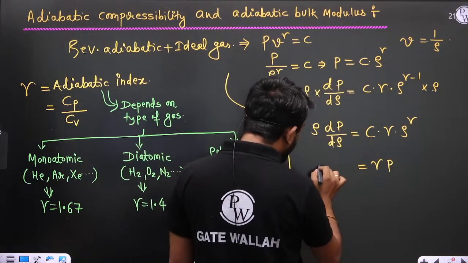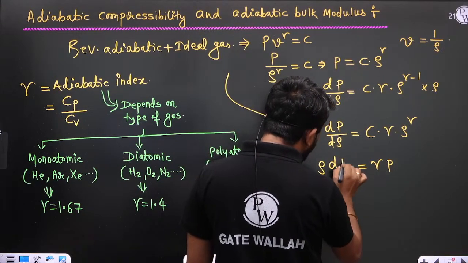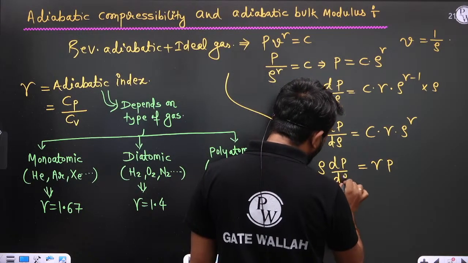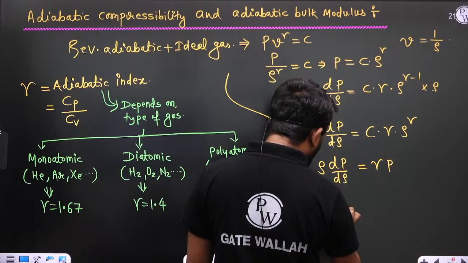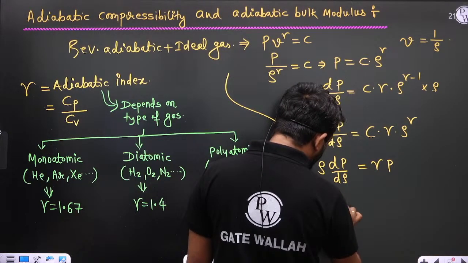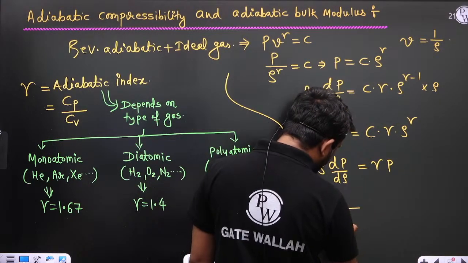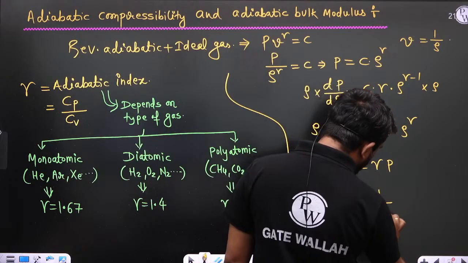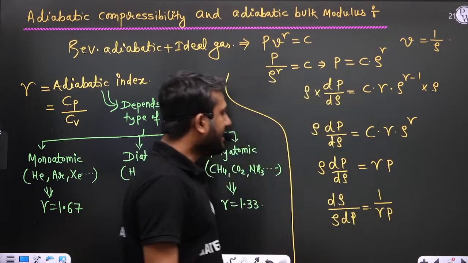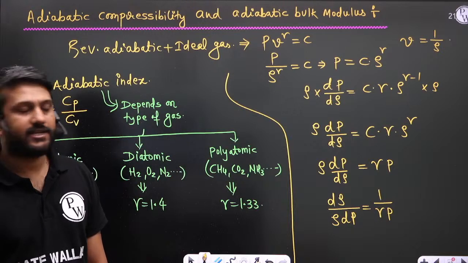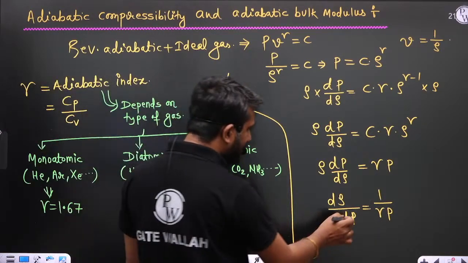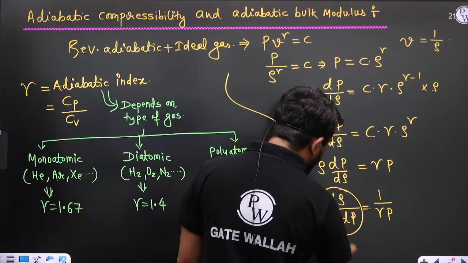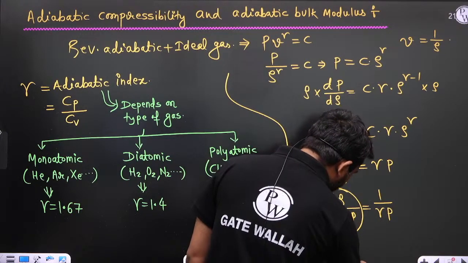So this is rho dP by d rho. Or we can write d rho by rho dP is equal to 1 upon gamma P, and this is nothing but beta.